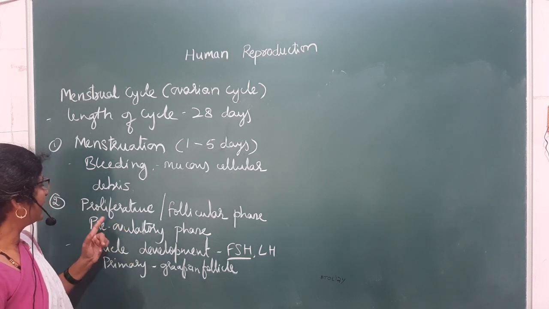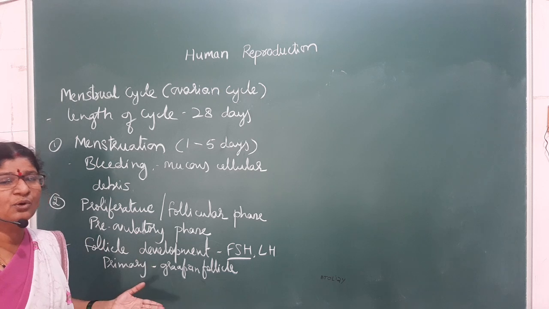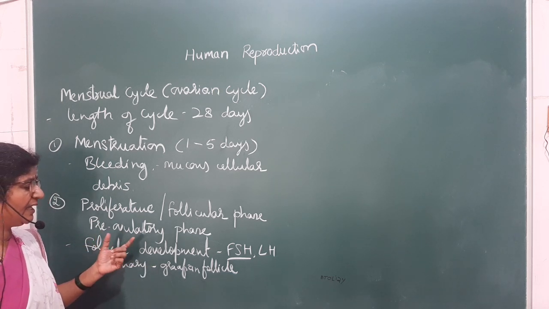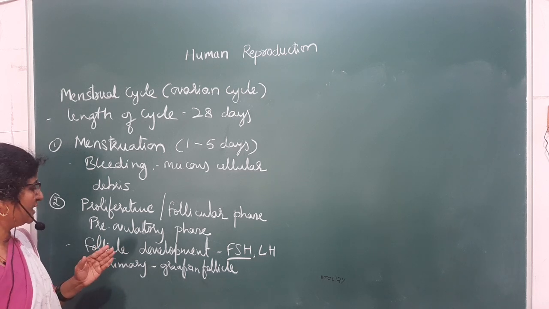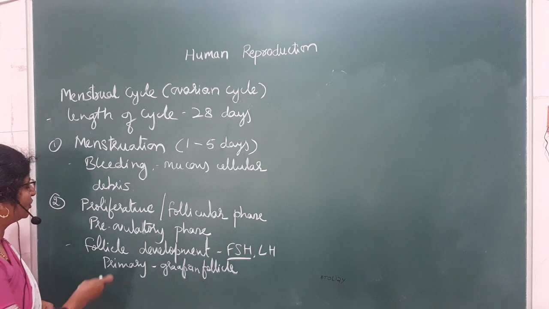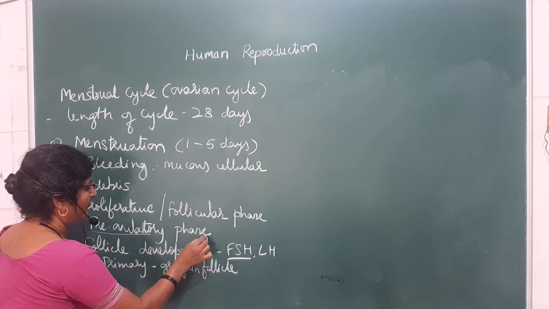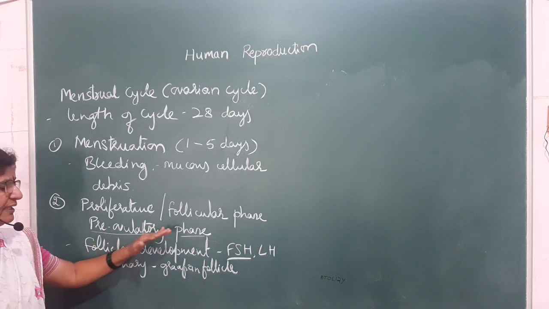So it is also called proliferative, and this phase is prior to the ovulation. It is the period which occurs before ovulation. That is why it is also called the pre-ovulatory phase. Usually in the class I ask children to remember pre-ovulatory phase.